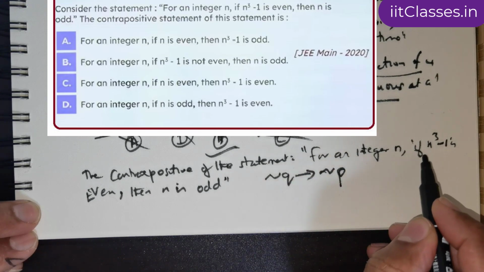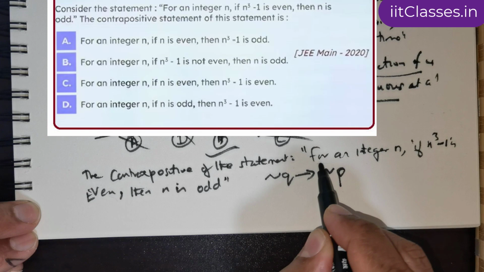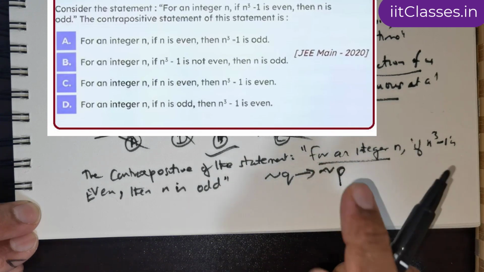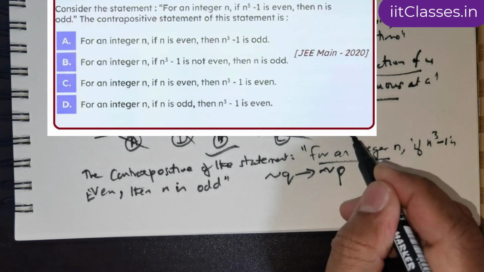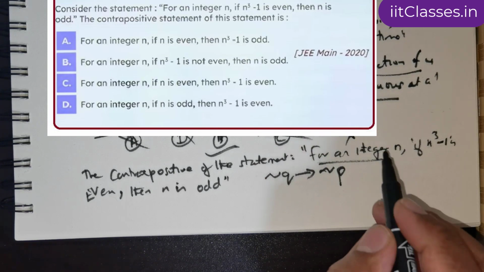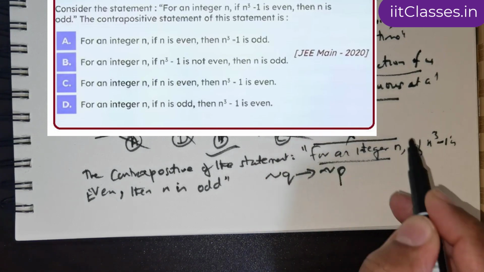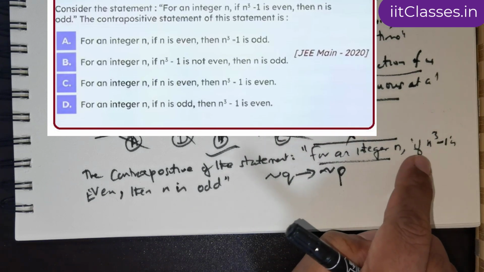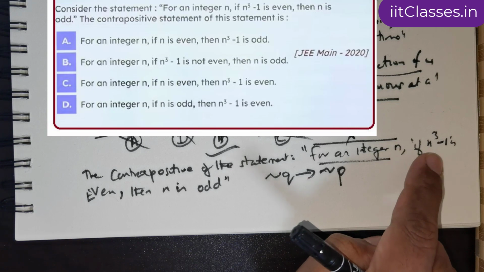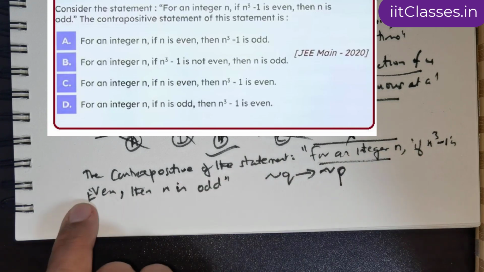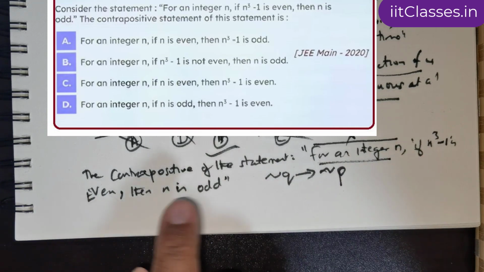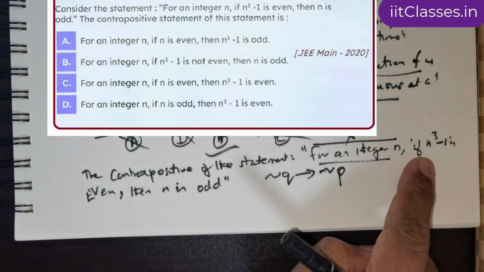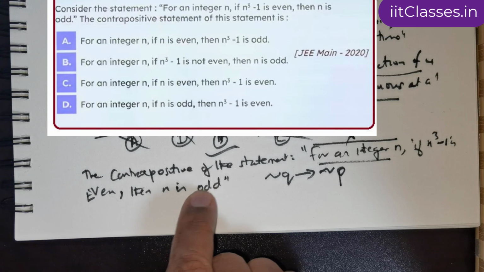You don't have to worry about the first part of the statement. For an integer n, this is of no importance at all, so we can outright ignore this. What matters is the sentence which is featuring after the if. So if n cubed minus 1 is even, then n is odd. Now we are expected to obtain the negation of Q, conditional negation of P. What is the negation of odd?